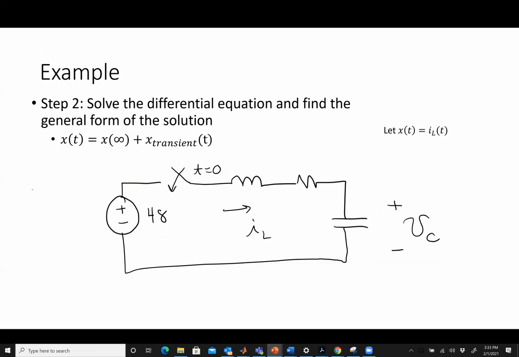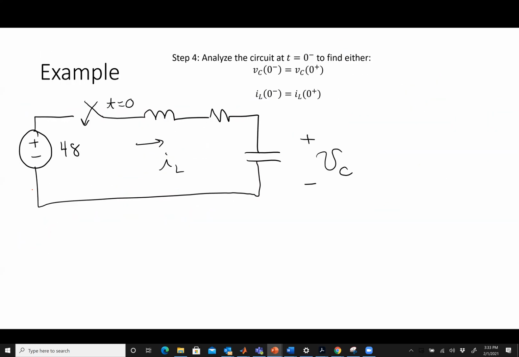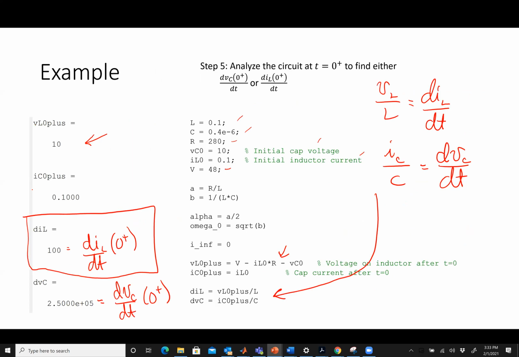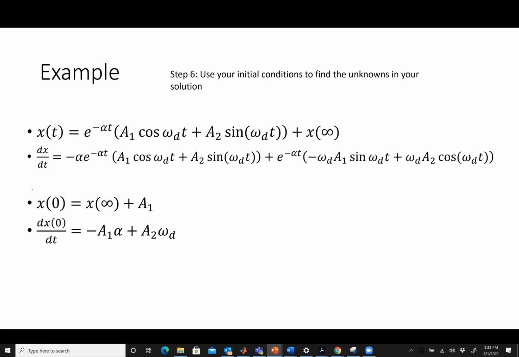So if I jump ahead to here, X of 0 equals X of infinity plus A1. This is what happens when I simplify these and put in t equal to 0.